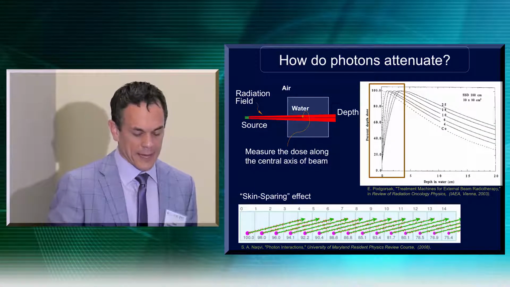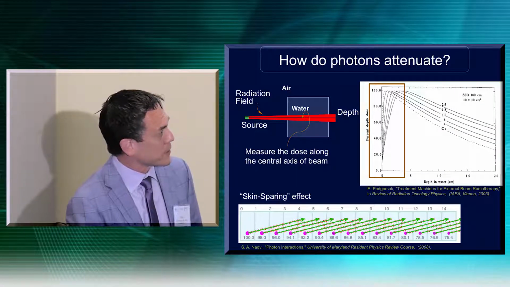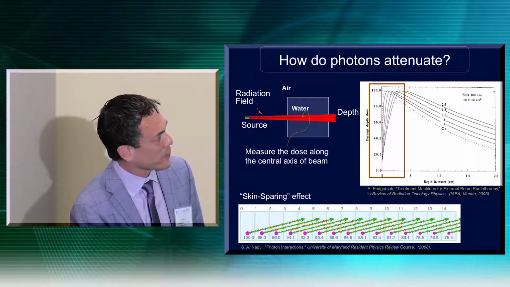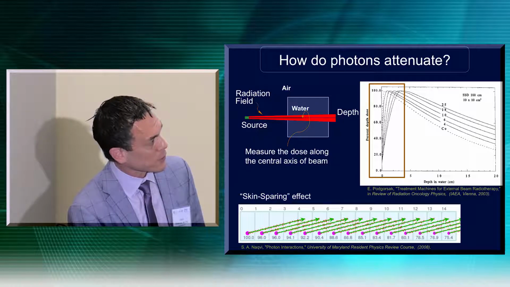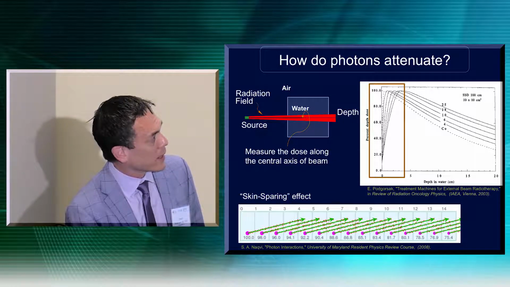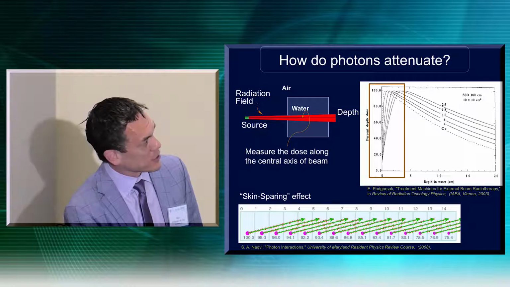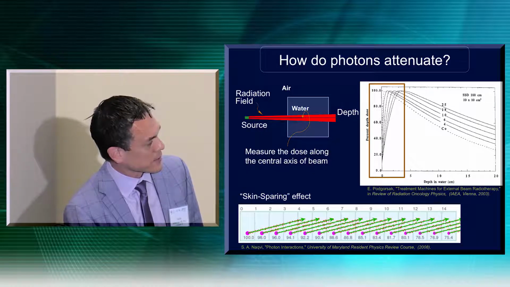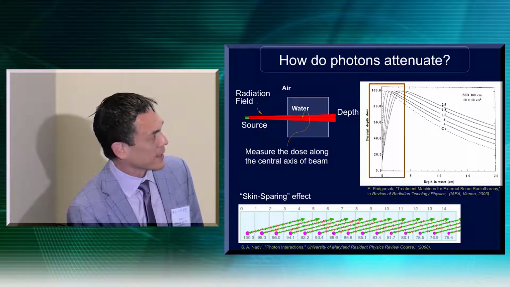And what's important about that is, in bulk, the way photons attenuate is if you have a photon source and you scan along the primary beam, you're going to get a curve that looks like one of these curves, where you have a region called a buildup region where there's actually not a lot of absorbed dose, because most of the dose gets absorbed downstream of where the photon has an interaction.